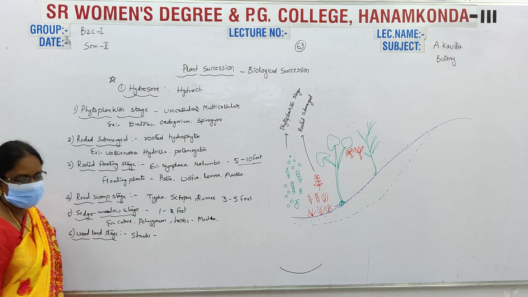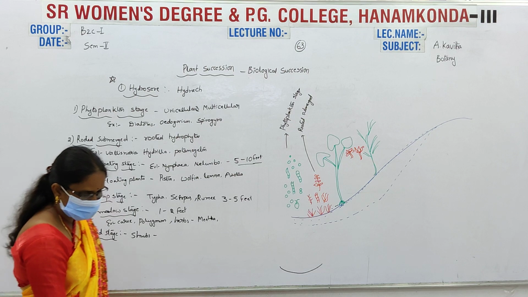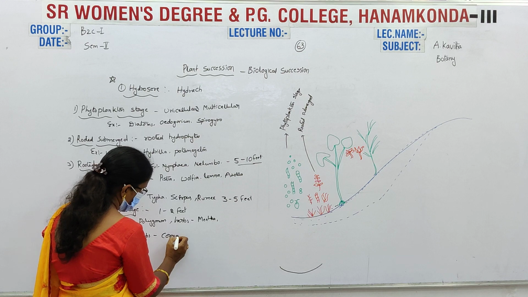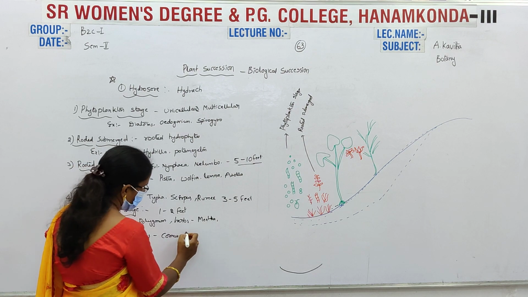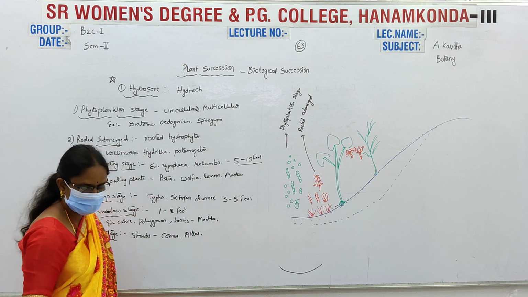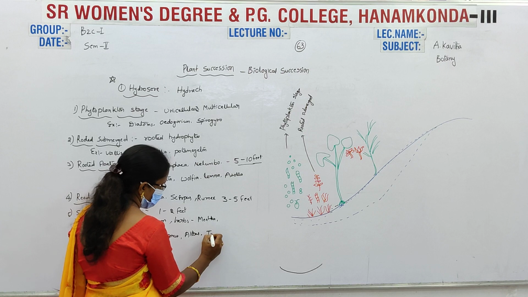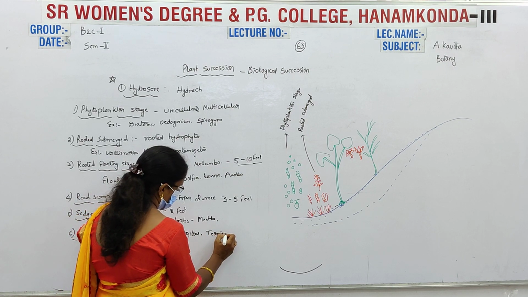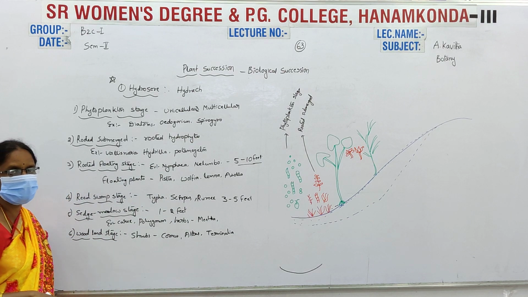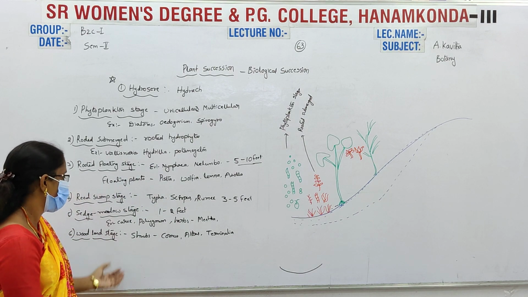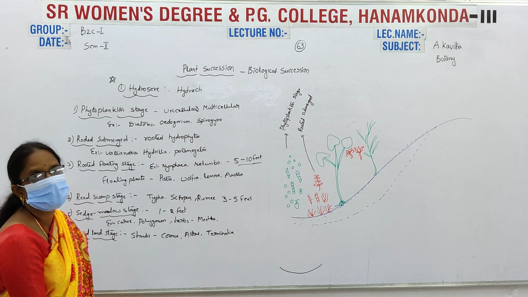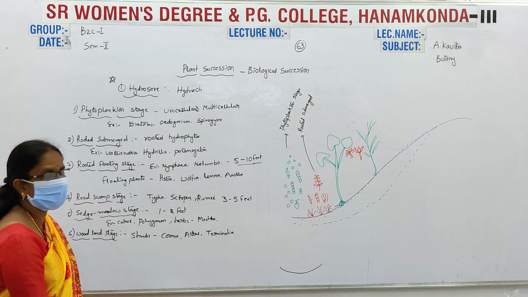For example, Cornus alba, Terminalia. These are the examples of the woodland stage.